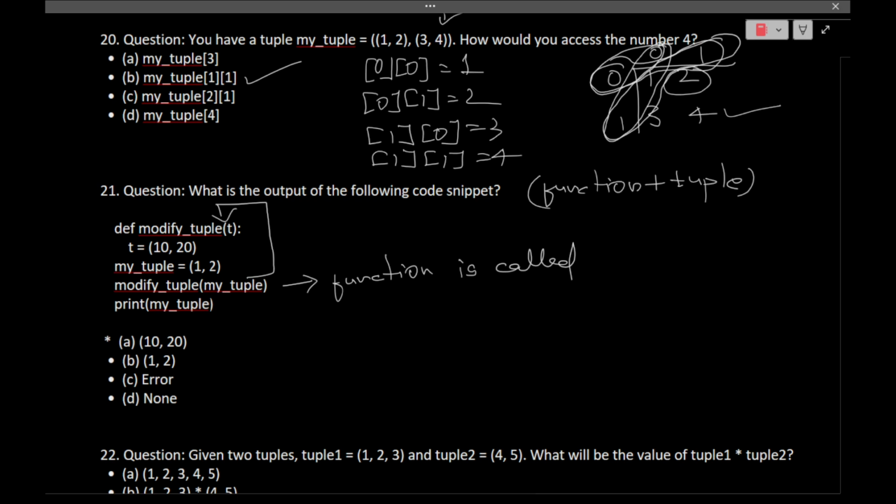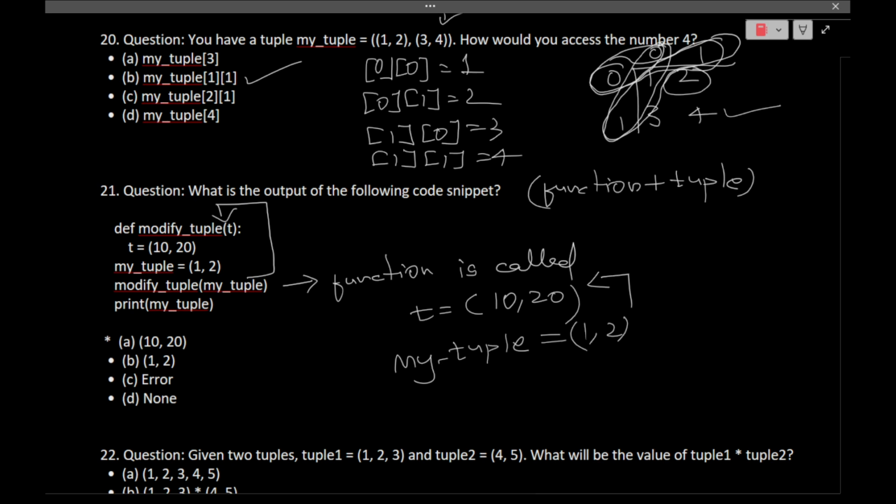You must be thinking, sir, the value before was (10, 20), and now it says my_tuple is equal to (1, 2). You must be thinking that the new value will replace the old one. But no. Why will the old values not be replaced?